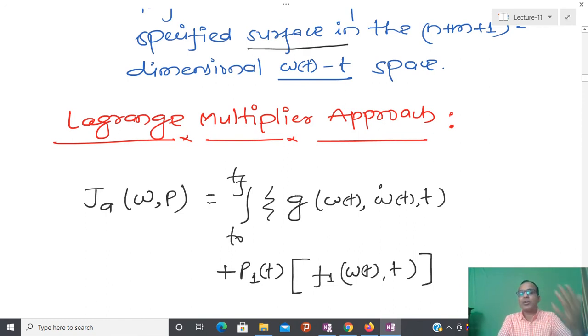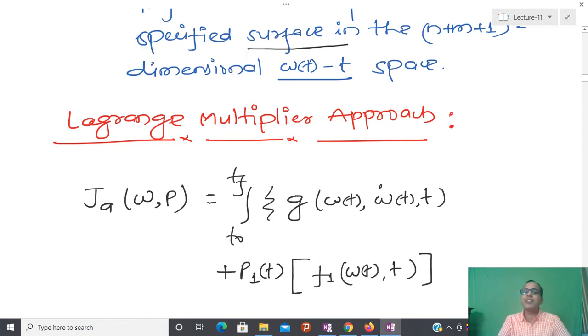For higher dimensional problems, the elimination method is very restrictive, but the Lagrangian method is straightforward. You just define the Lagrangian, and with the help of the Lagrangian, whatever augmented function comes into the picture, you are able to treat everything as an independent quantity.